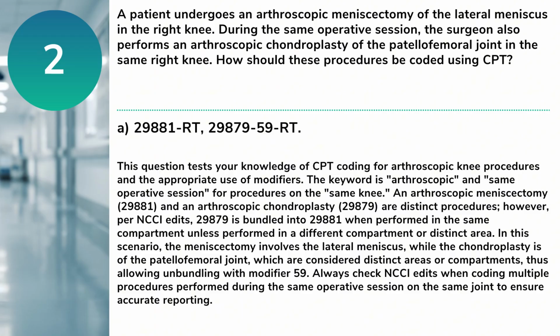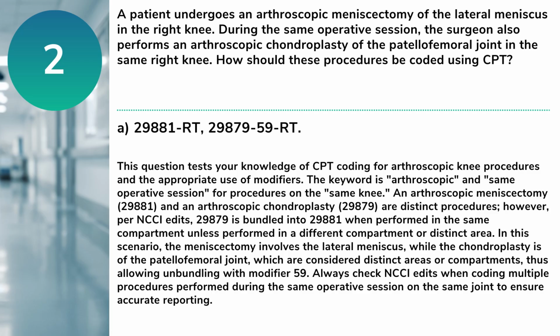In this scenario, the meniscectomy involves the lateral meniscus, while the chondroplasty is of the patellofemoral joint, which are considered distinct areas or compartments, thus allowing unbundling with modifier 59. Always check NCCI edits when coding multiple procedures performed during the same operative session on the same joint to ensure accurate reporting.